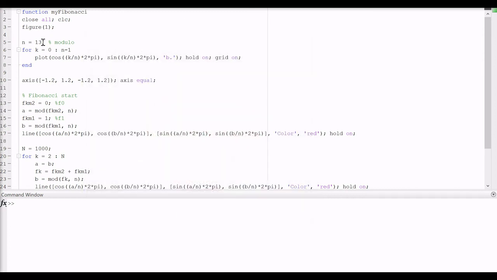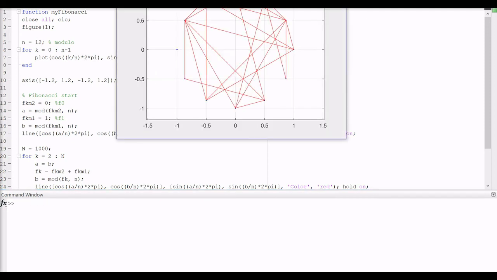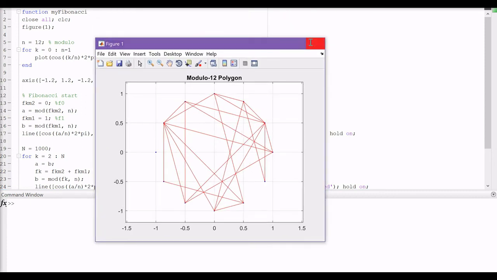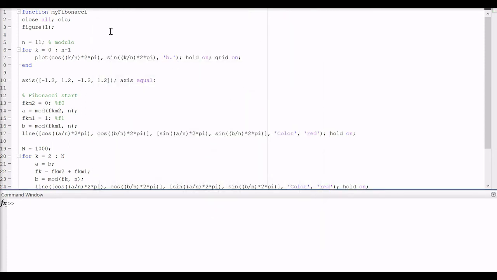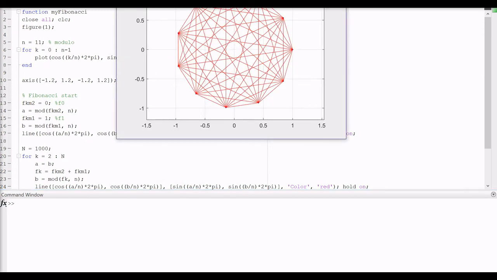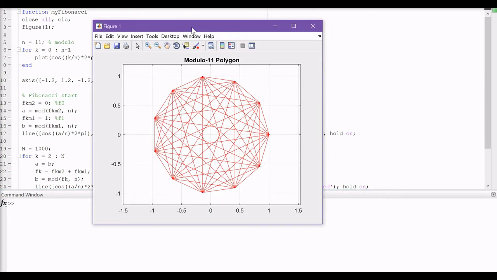So let's go back to 12 and 11 just to see if those actually were more complete than what we thought they were. Of course 12 is a little bit more jagged, just as it was before, and also 11. Let's see what we have here. So 11 is actually not too bad, right?